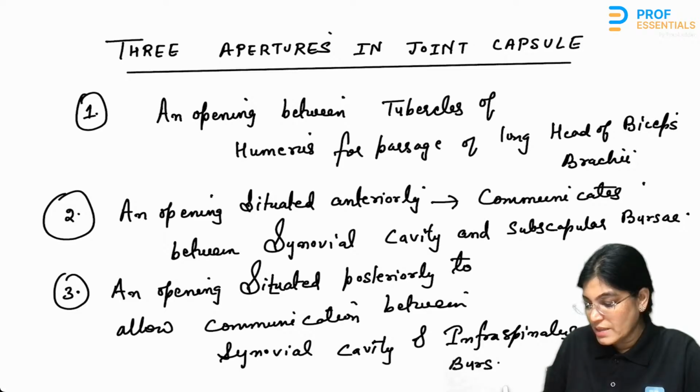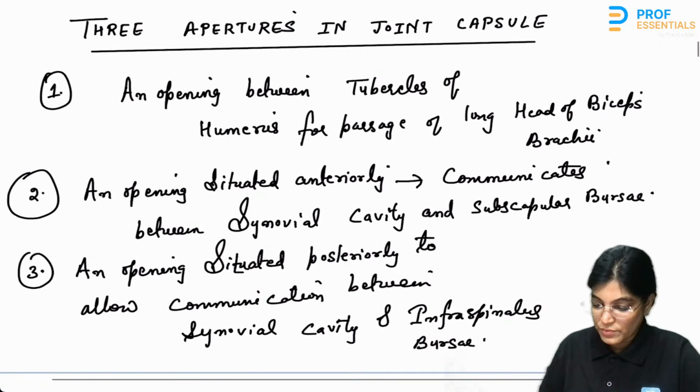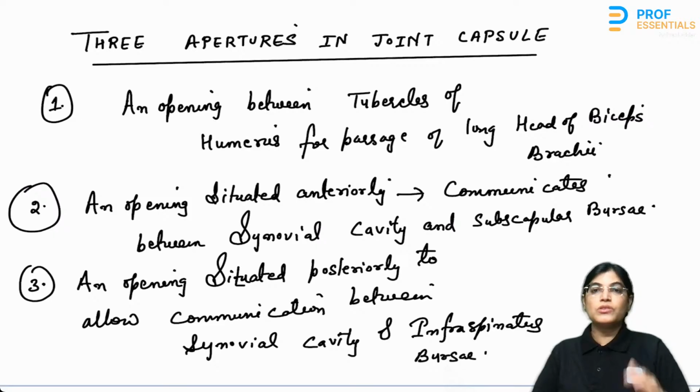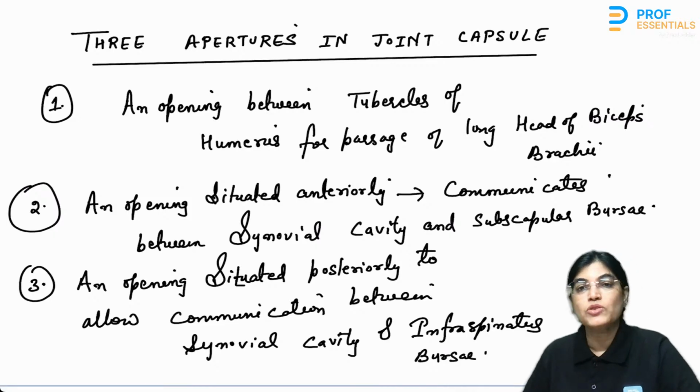So these are the three openings or apertures which you have to definitely know about the joint capsule of the shoulder joint.